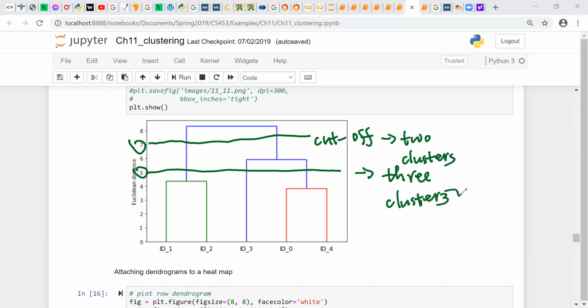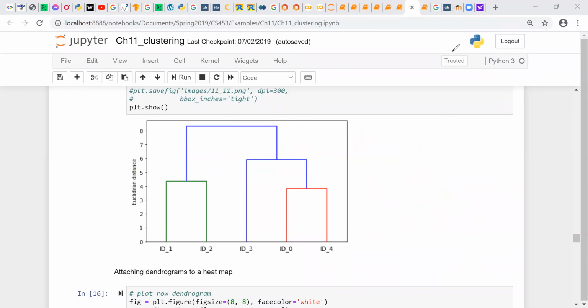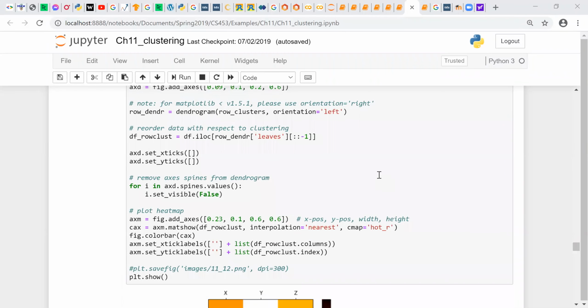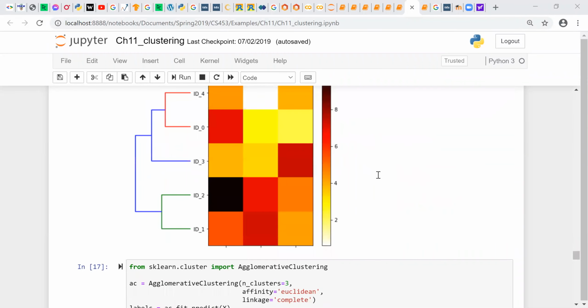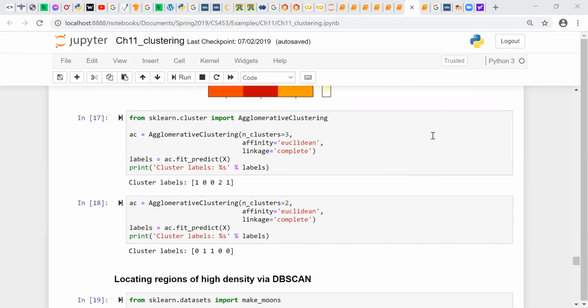So it depends on where the cutoff distance is. This is the idea about clustering, and that's about the visual drawing of the dendrogram.